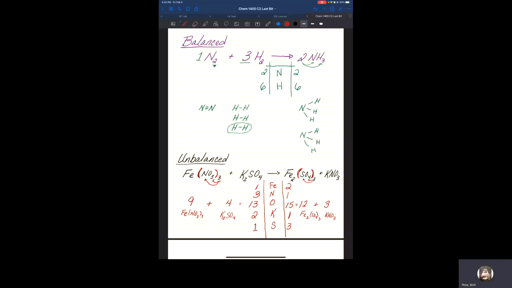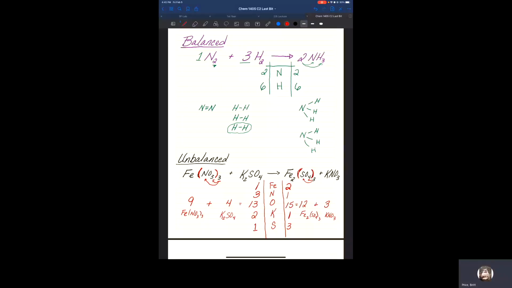I walked us through figuring out if, pointing out every single atom count. If on a homework assignment or on an exam it says, pick out the balanced chemical equation below, and the first count that you do is for the iron, it's already unbalanced.